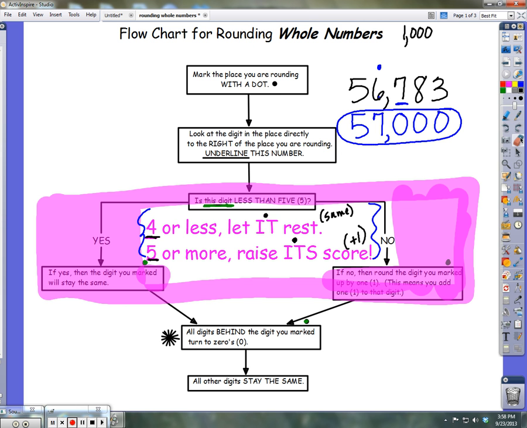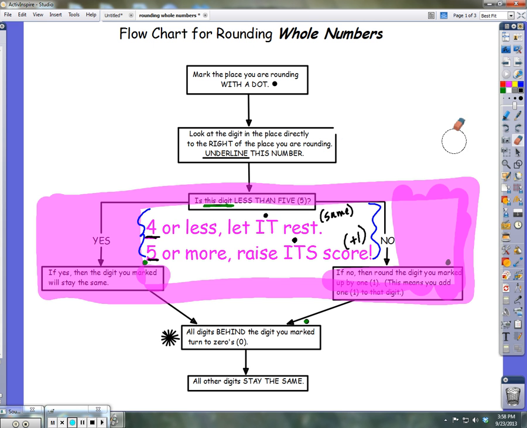Now there is one other situation that is just a little bit different on rounding numbers, and that is if 9s are involved in the number. So I'm going to pick a number that has several 9s as the digits. So let's say you have 179,999.